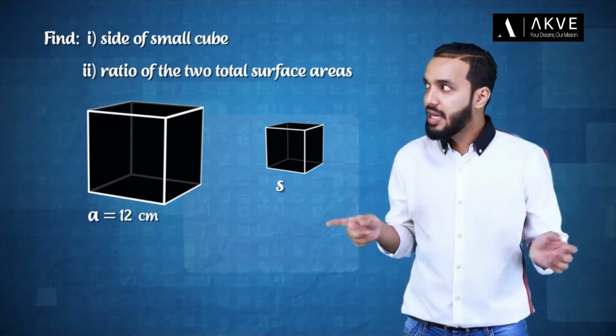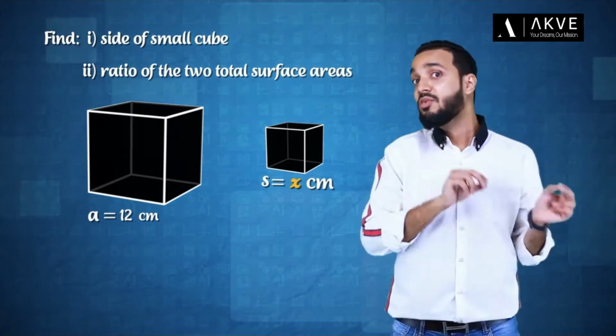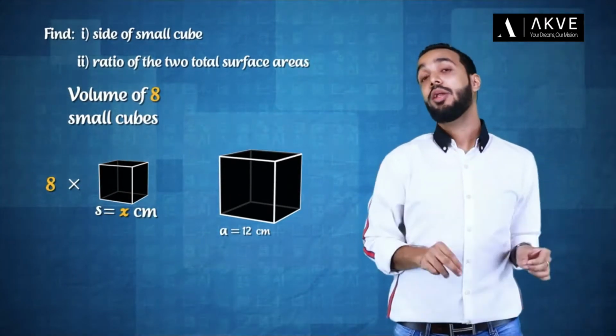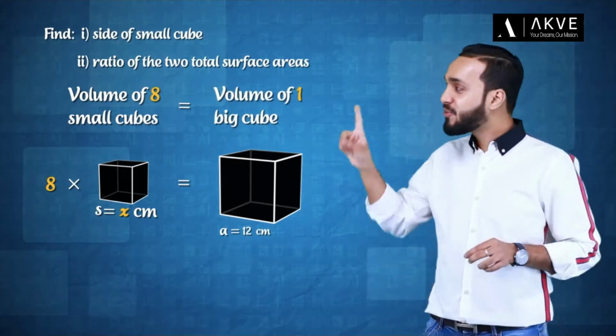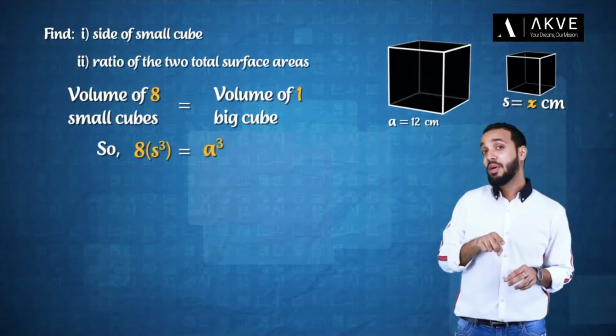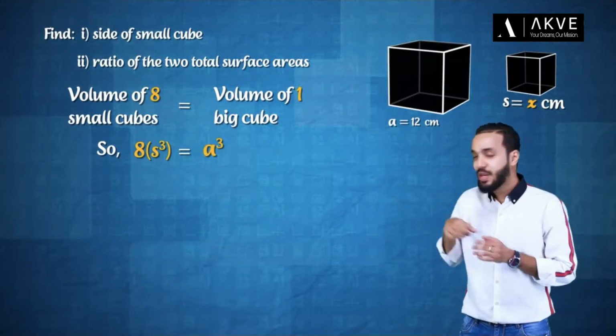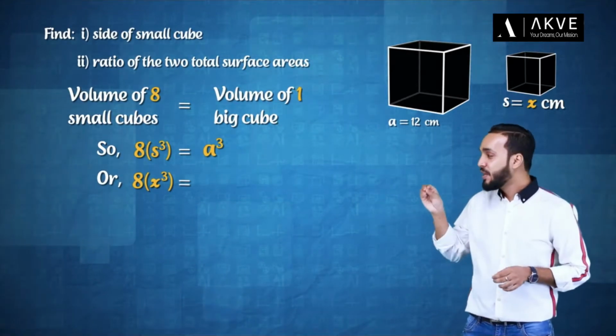Say the edge length of one small cube is x centimeters. Then the volume of 8 small cubes of edge length x centimeters is equal to the volume of one big cube of edge length 12 centimeters. Now, using the formula for volume of cubes in this equation, we get 8x cubed is equal to 12 cubed.